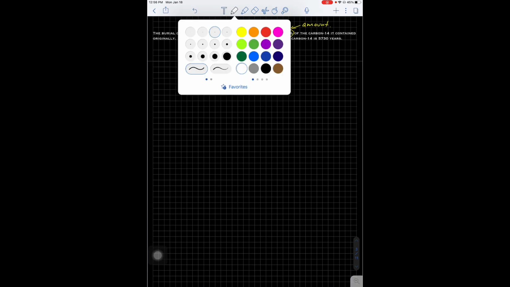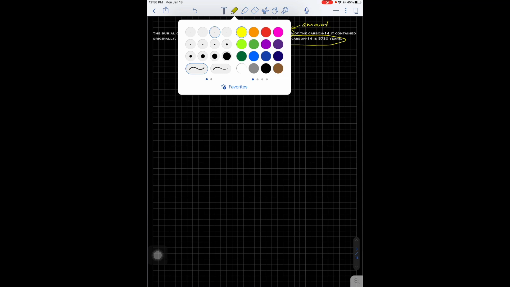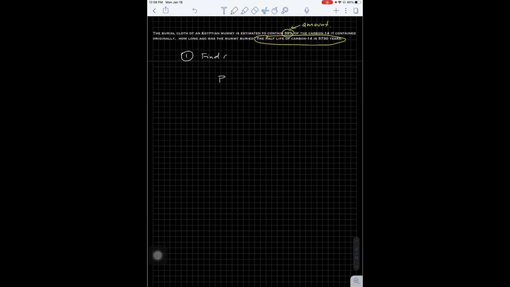And that is always done by using the double or half time. Half-life of carbon is 5,730 years. So I don't know what my initial amount is, but my final is half that, and my time is 5,730 years. Divide through by the P. See how the math starts to really look the same every time.